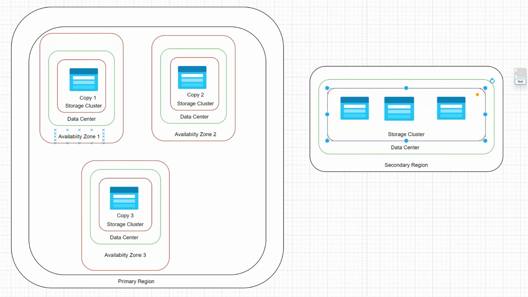So our data in our primary region East US is synchronously replicated 3 times within 3 different data centers. These are synchronously replicated, and apart from that, it asynchronously replicates your data 3 times into your secondary region. So this is how this GZRS functions.